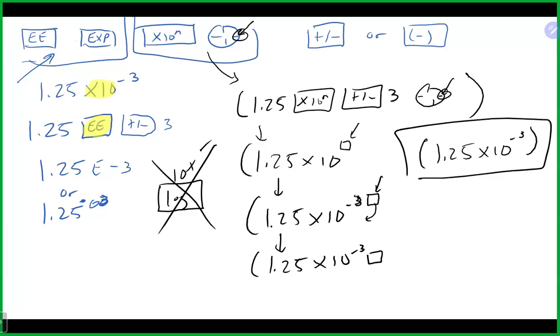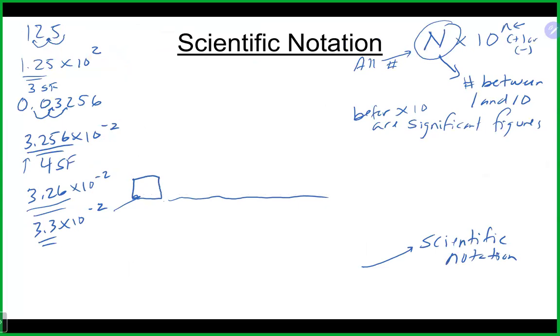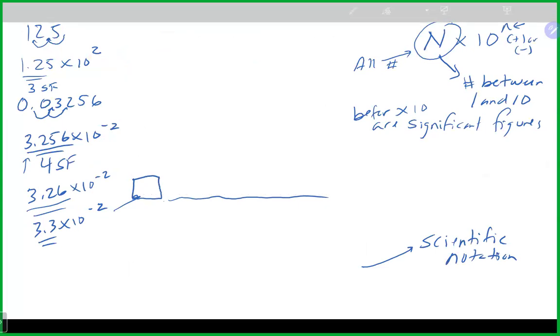Question on that. So why don't we try one here just to see everybody knows how to punch it in correctly. Let's just do a calculation. Let's say we take 1.25 times 10 to the -4 and divide it by 3.2 times 10 to the 8.